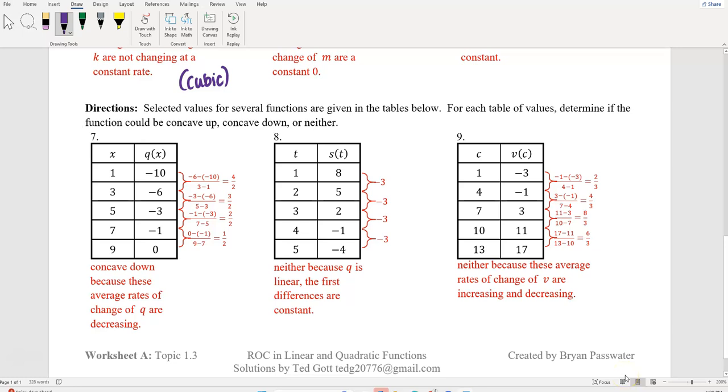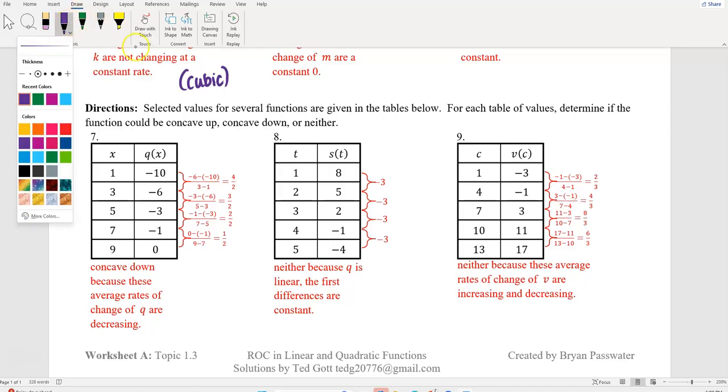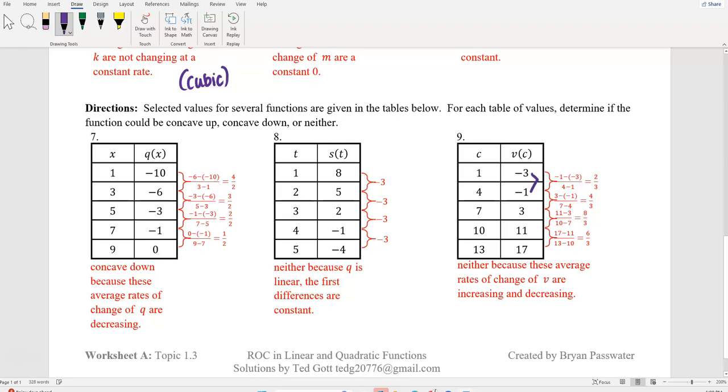It almost looks like it should be concave up. Again, he did the full slope right here. I would not. I'd say that's up 2, up 4, up 8. But then from 11 to 17, that's only up 6.